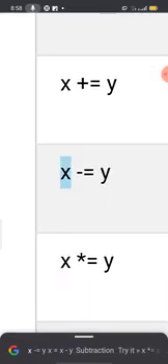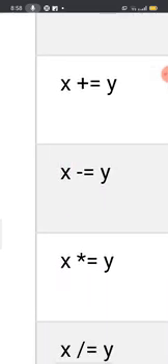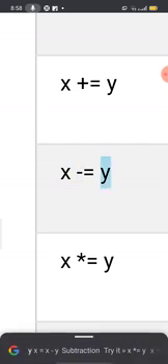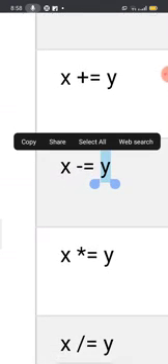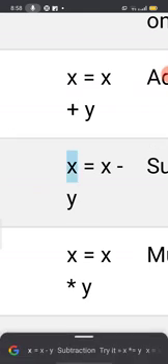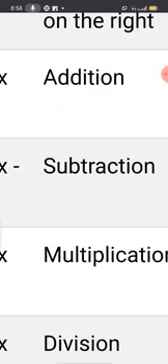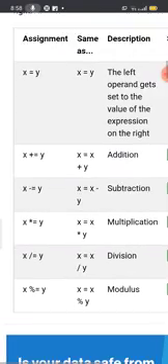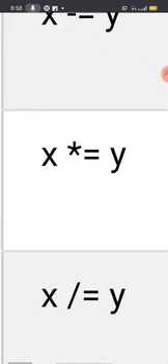Whatever value is there on the left hand side, it is going to be subtracted with the right hand side value, and the remaining value will be for x only. Again, x will be on one side, but this x will be subtracted with y. x -= y means x = x - y. That is subtraction. Understood?